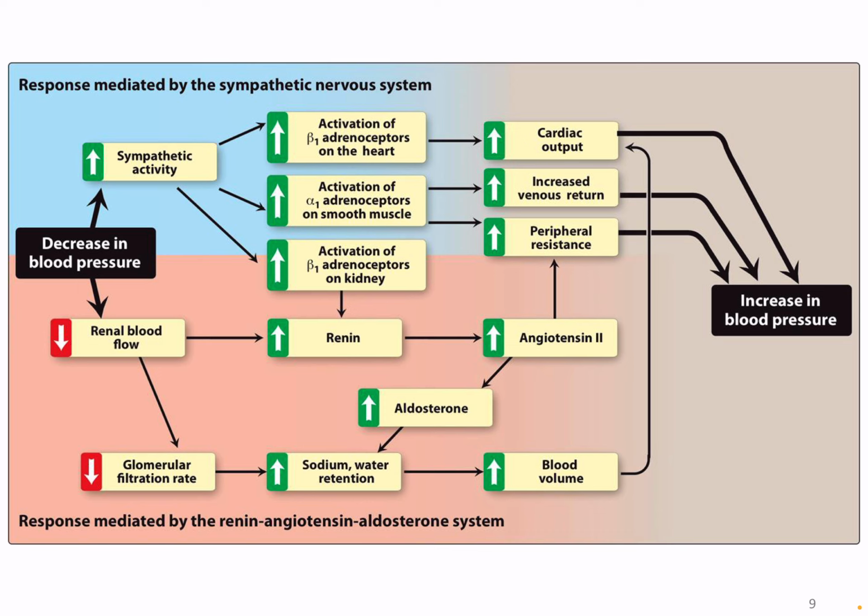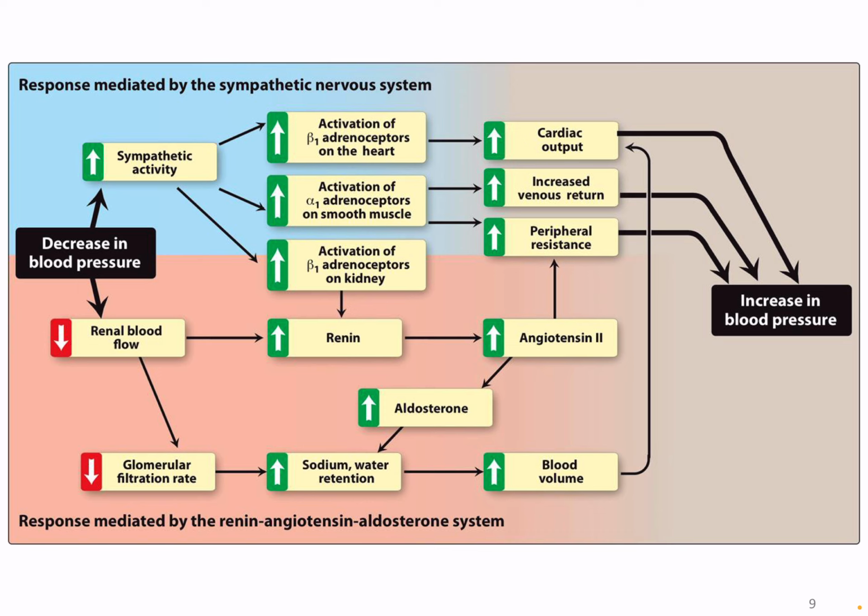Aldosterone is a hormone which plays an important role in the salt and water balance in the body. Increased aldosterone is responsible for increased sodium and water retention, and thus an increased blood volume and an increase in blood pressure. This diagram is called the response mediated by the renin-angiotensin-aldosterone system, or the response mediated by the sympathetic nervous system.